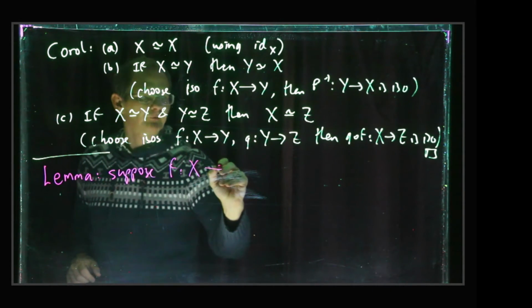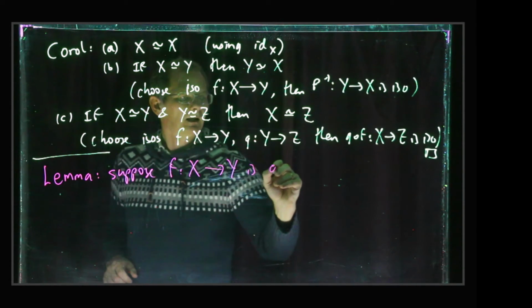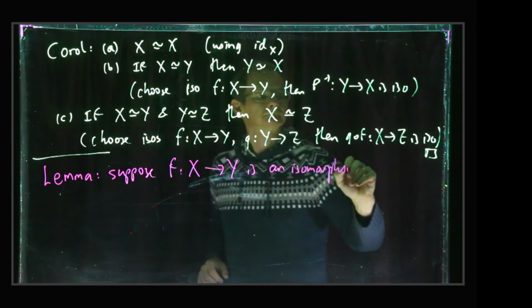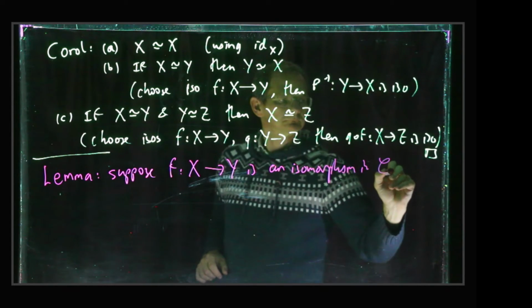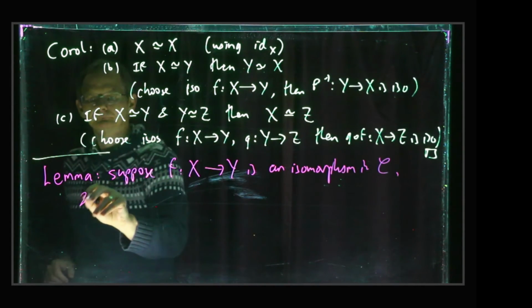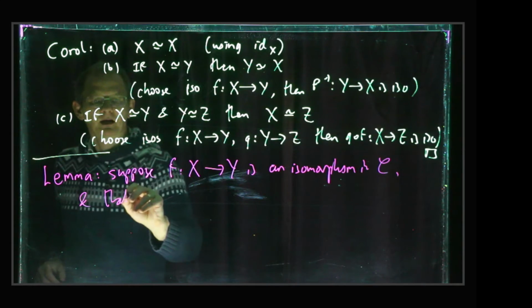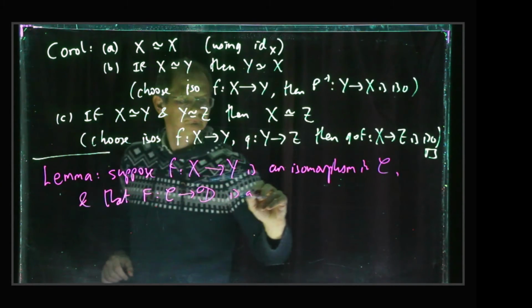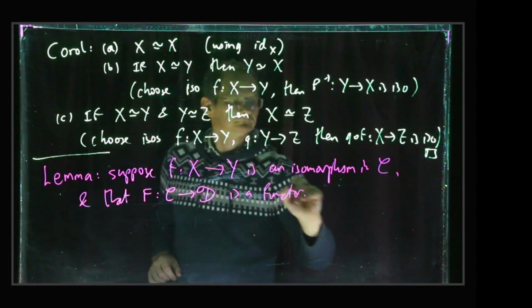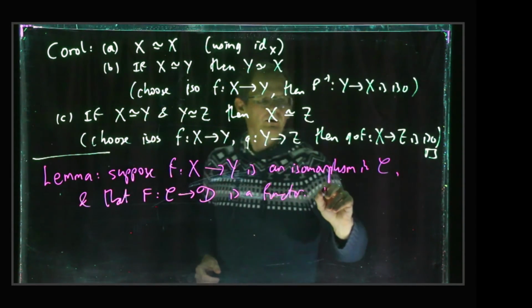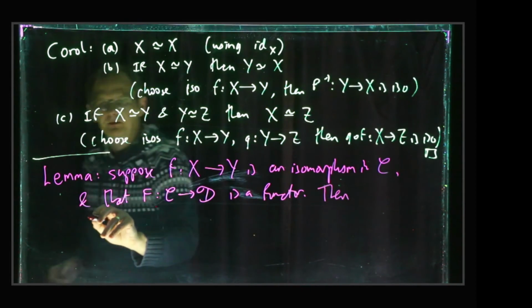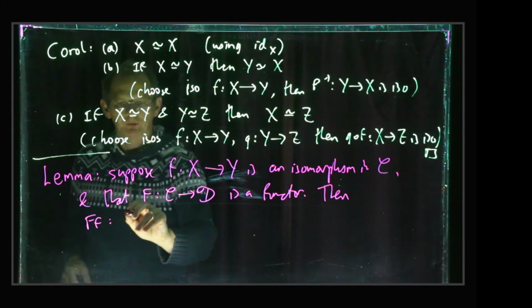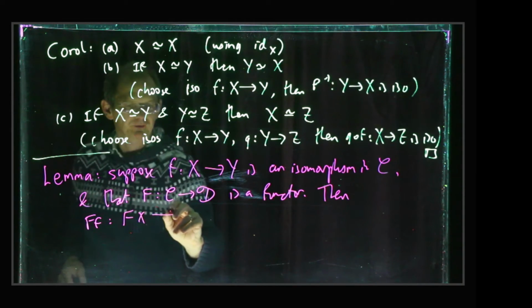So suppose f from X to Y is an isomorphism in C, and that capital F from C to D is a functor. I want to claim that, remember, a functor we can apply to objects. We get objects FX and FY.